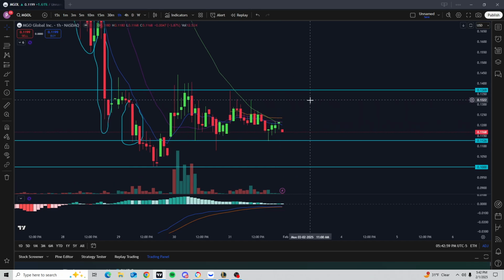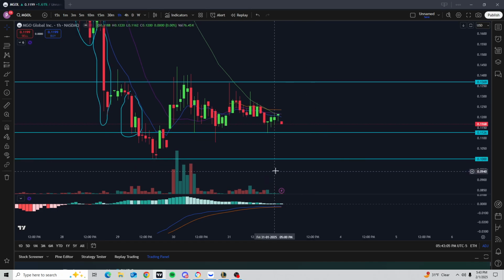Now you have to remember, if this breaks, theoretically, it could come back down and touch 10 again. So if the total amount I want to put in this stock is $10,000, maybe I'll put $3,000 in here, around 11.5. Let's just say 11.5, 11.6.